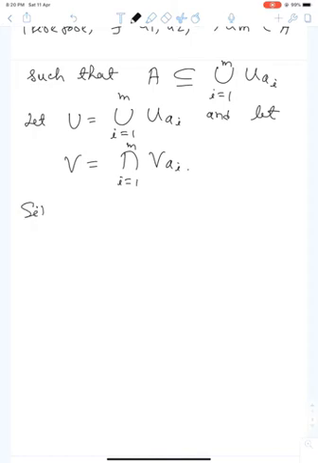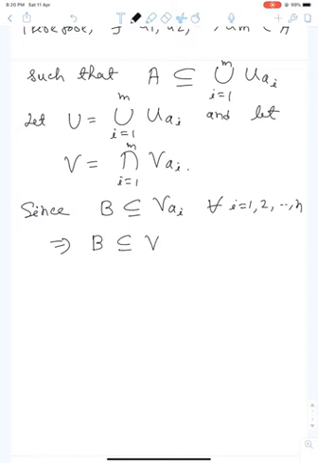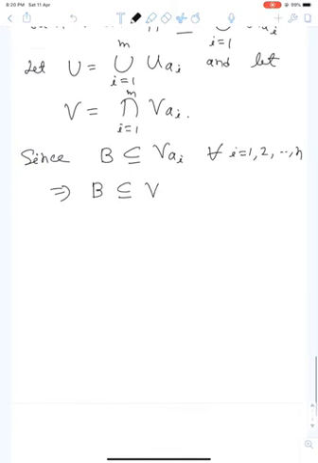Now since V is a subset of V_ai for all i equal to 1 up to m, V is a subset of V_ai, and it is also a subset of U, right?